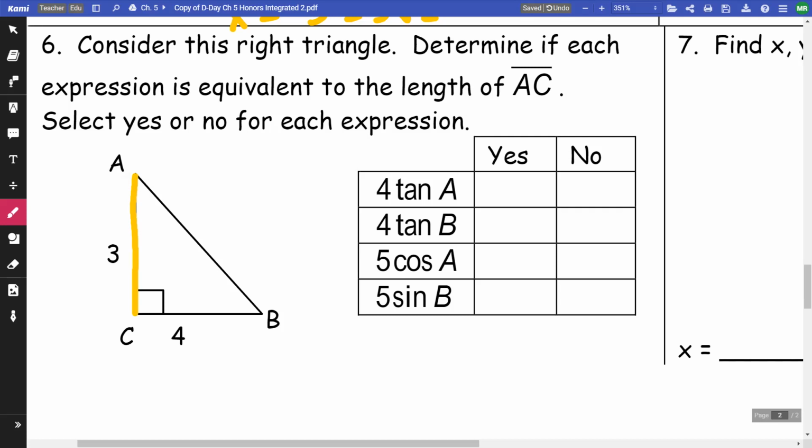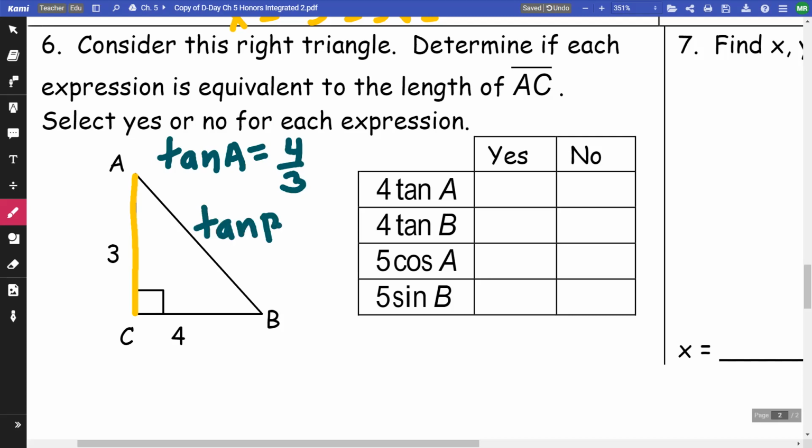Now, if I am working this out, let me just write out tangent of A is going to be opposite over adjacent.